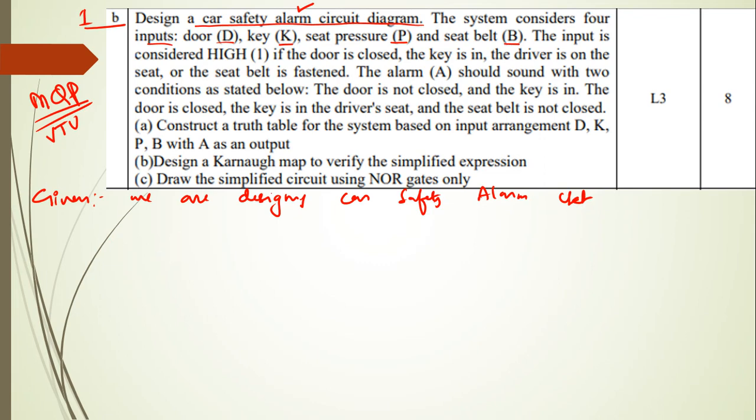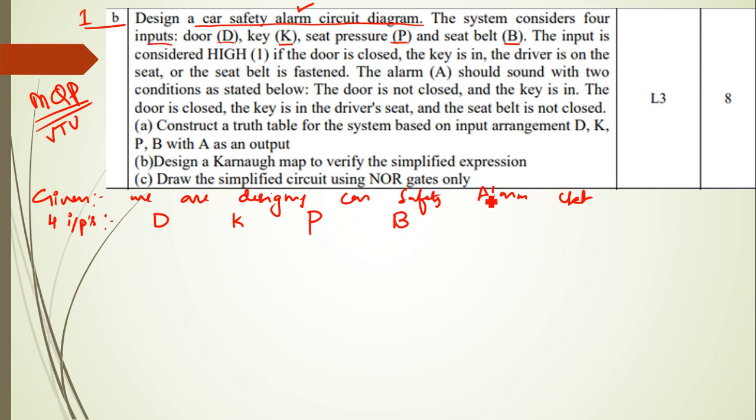In this designing aspect, our main concern is the 4 inputs, which are already given in the question. The inputs are: the door is treated as D, the key is designated as K, the seat pressure is treated as P, and the belt is treated as B. Okay, these are the 4 inputs.